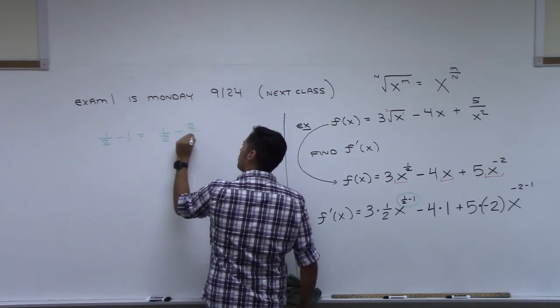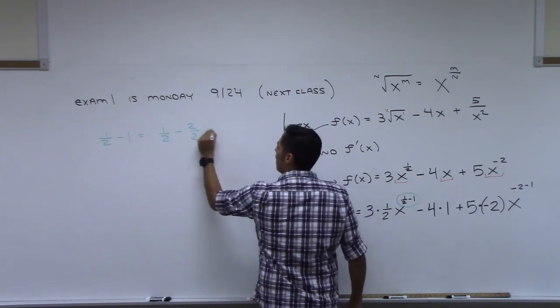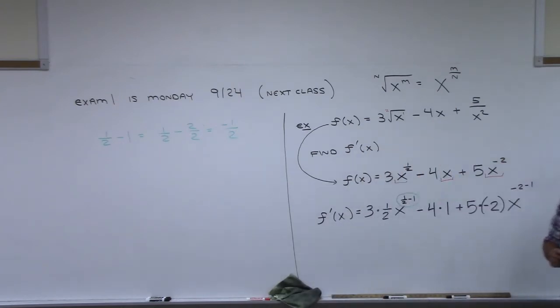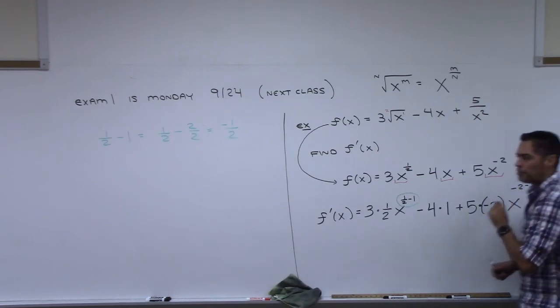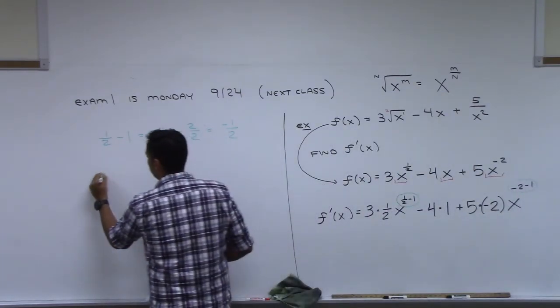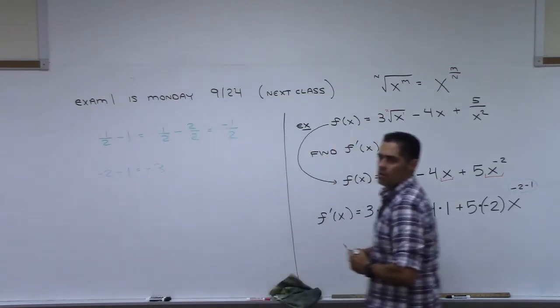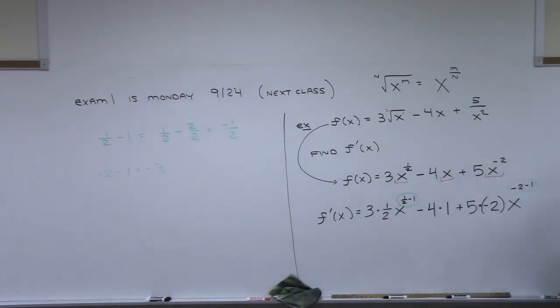So I rewrite 1 as 2 over 2, and that becomes negative 1 over 2. So 1/2 minus 1 is negative 1/2. I also need to do this one, right? So that's negative 2 minus 1, and that's negative 3. So that's what those two powers are going to become.